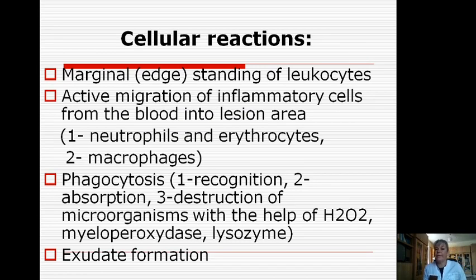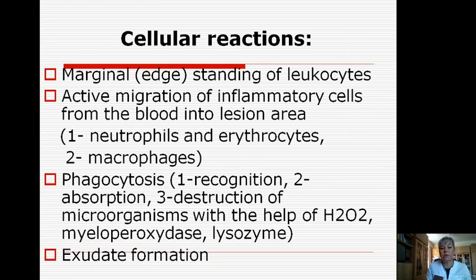Due to cellular reaction, what can we see? At first, marginal or edge standing of leukocytes. The next, active migration of inflammatory cells from the blood into the lesion area. At first, we see active migration of neutrophils and passive migration of erythrocytes. And in the second stage, active migration of macrophages.